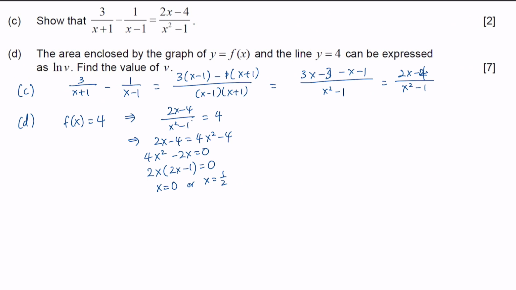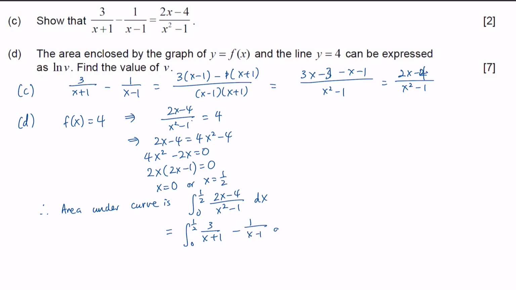Okay, so therefore the area under the curve is integral from 0 to half of f(x), 2x minus 4 over x squared minus 1, alright, dx, which based on part C, okay, is actually equal to 3 over x plus 1 minus 1 over x minus 1, kind of like partial fractions.